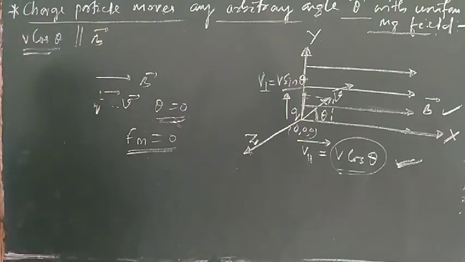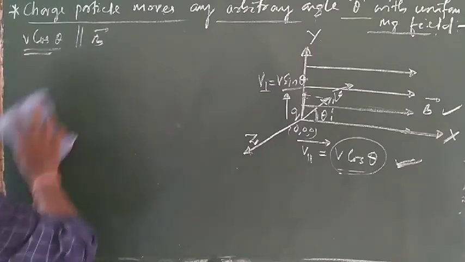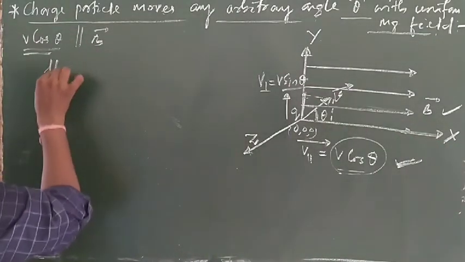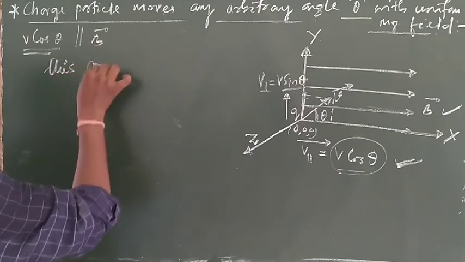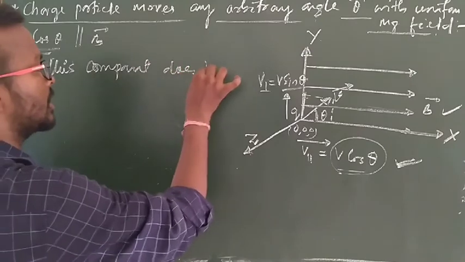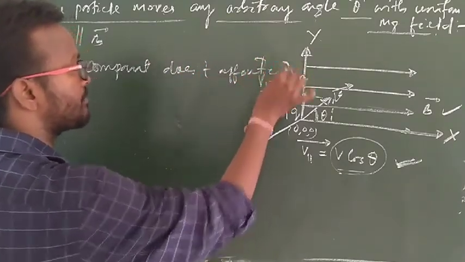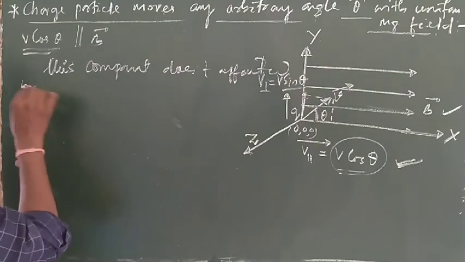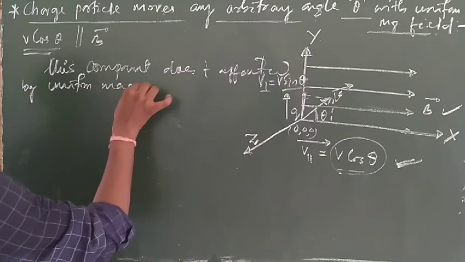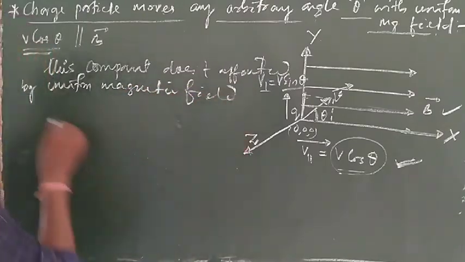So it does not change its path, and the component V cos theta is not affected by the uniform magnetic field.